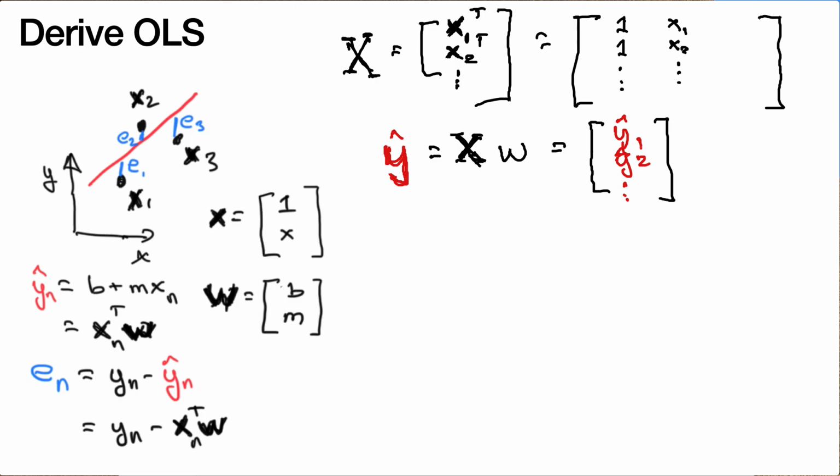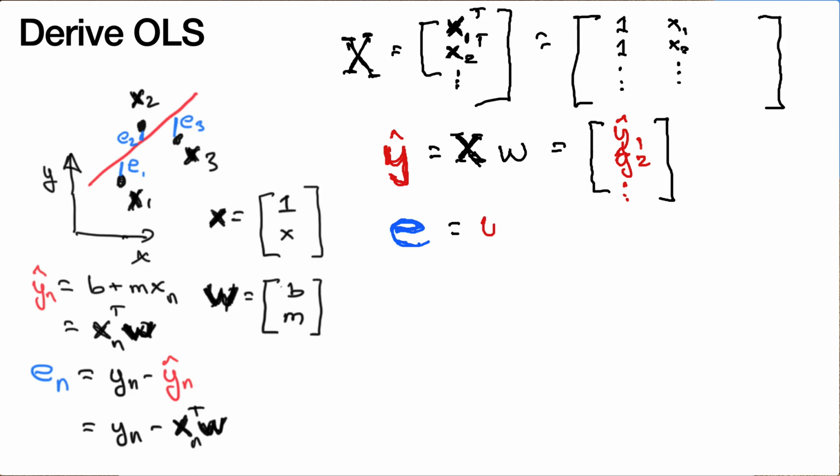Okay, great. That means that similarly, we can define a vectorized error, which is going to be exactly the same thing, right?